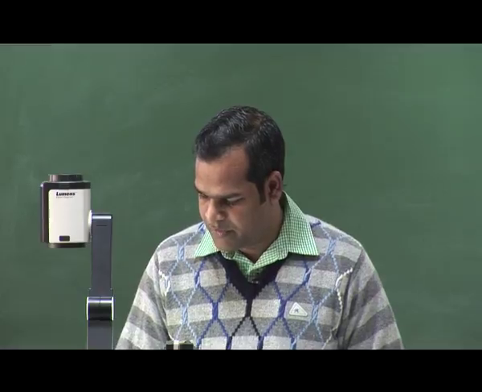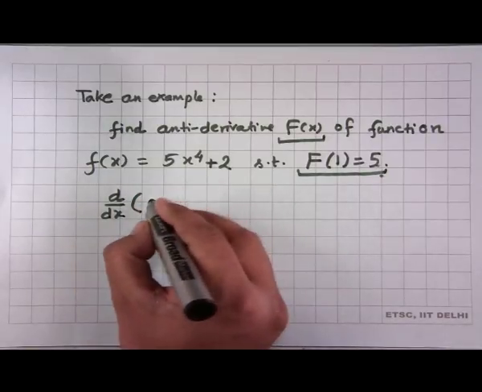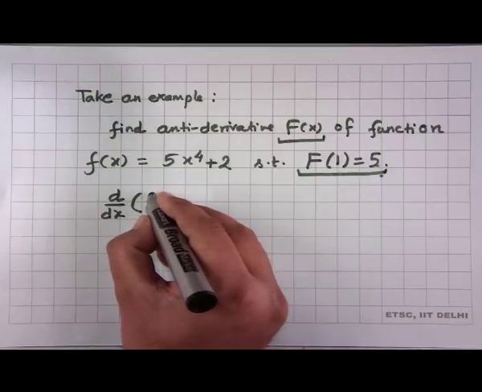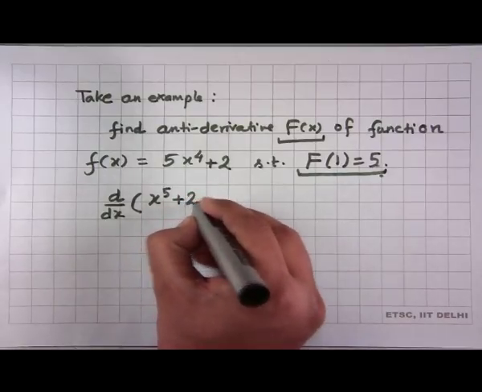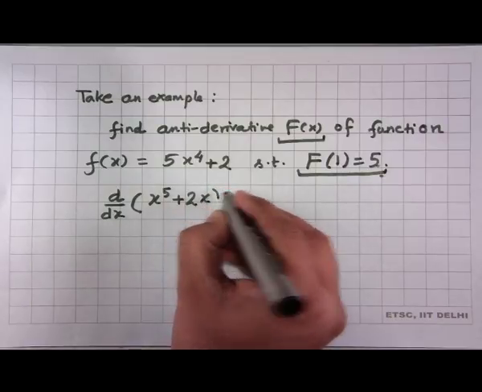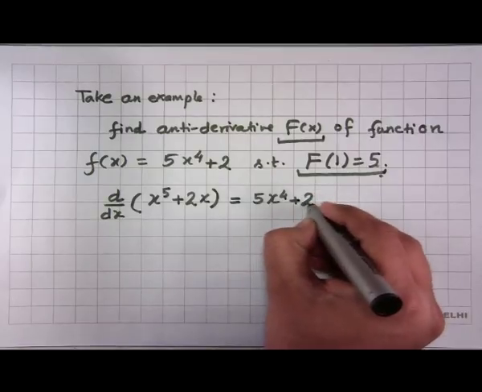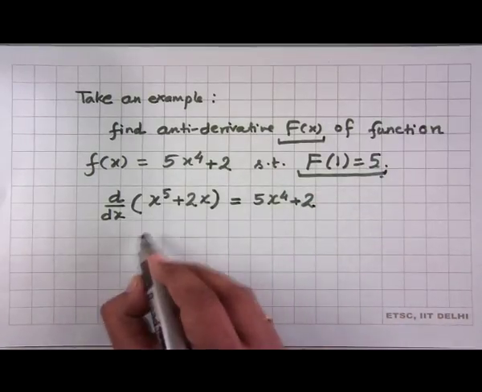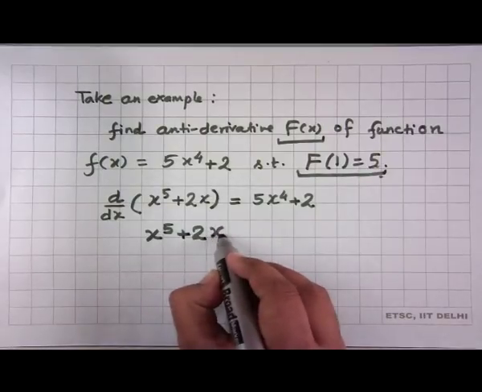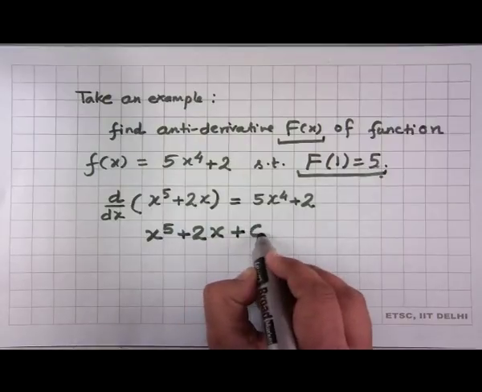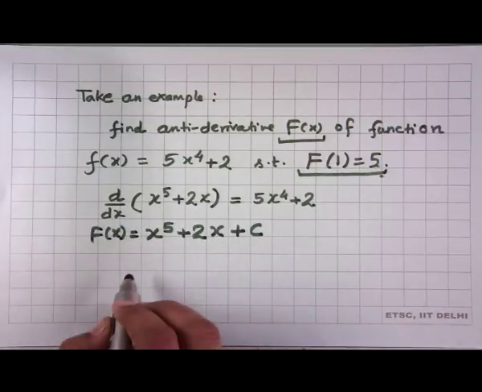So, from our previous experience of antiderivatives of a function of the type x raised to power n, we can figure out that d by dx of x raised to power 5 plus 2 x turns out to be f x, and therefore, this function is considered as the antiderivative.